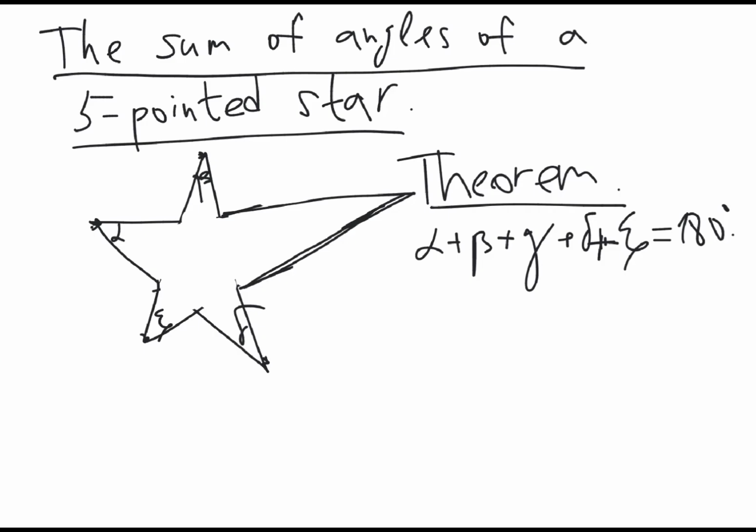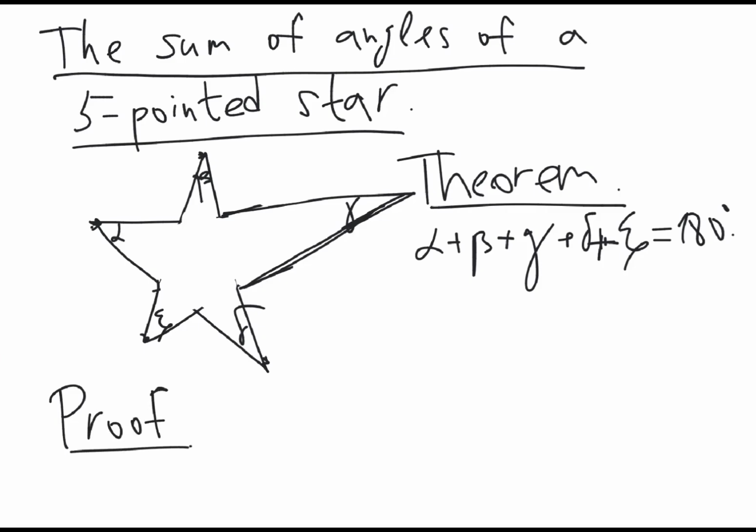So one of these rays of this star can be very much larger than the other ones, just to show that it is indeed irregular.